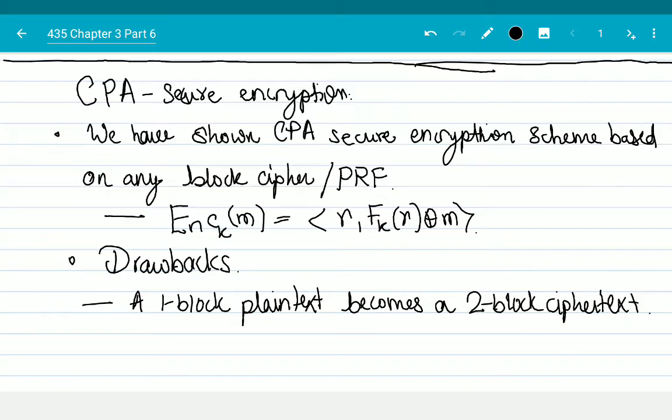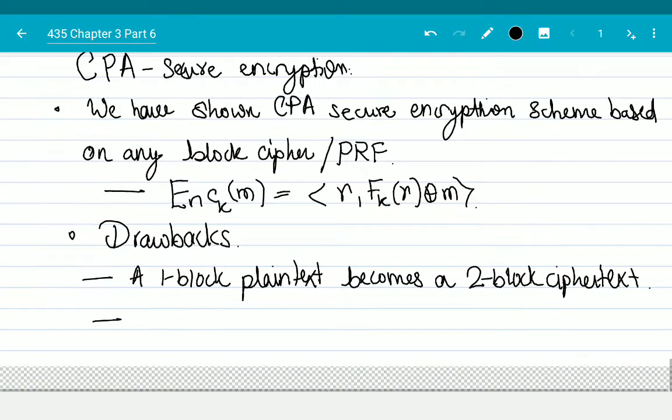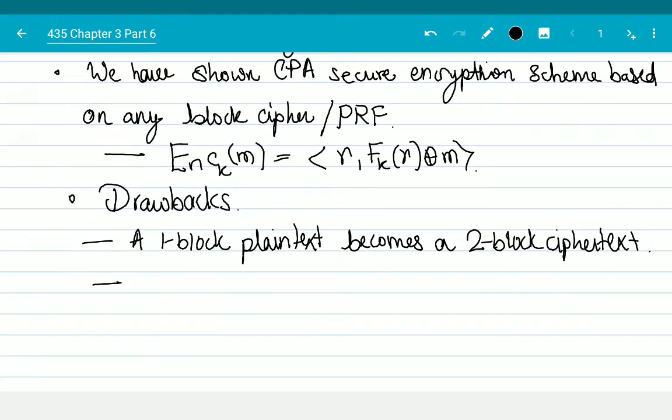Frankly, which is quite annoying. It's effectively doubling the size that you are sending in terms of bandwidth, in terms of storage, in terms of everything. It's quite annoying to have it doubled in size, right?